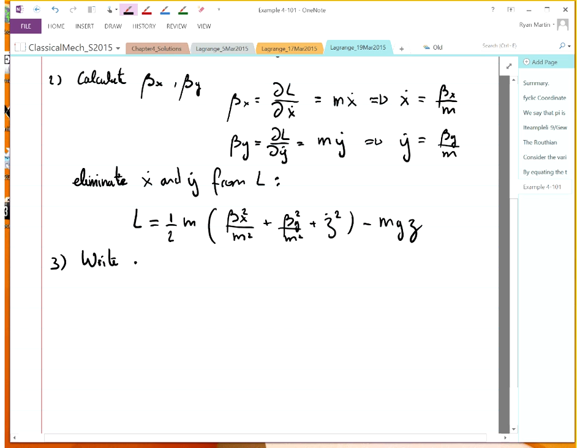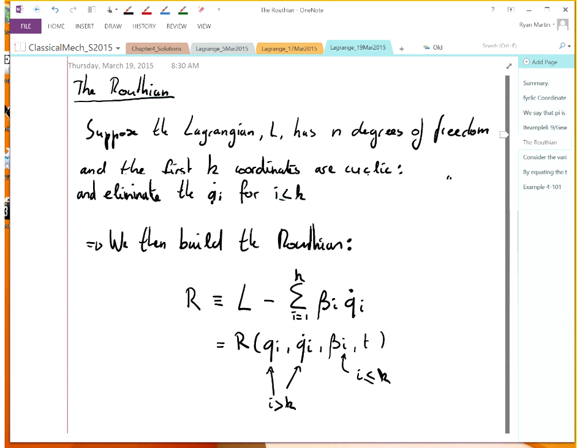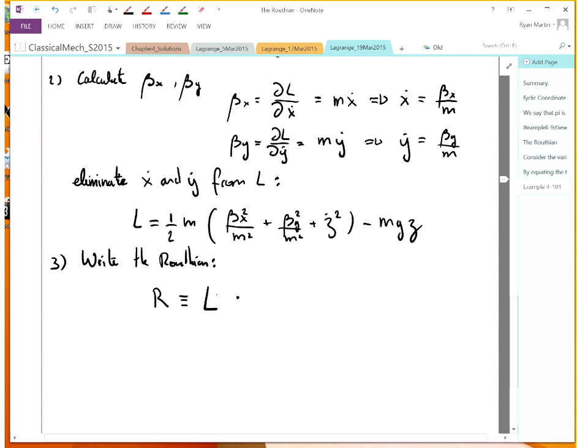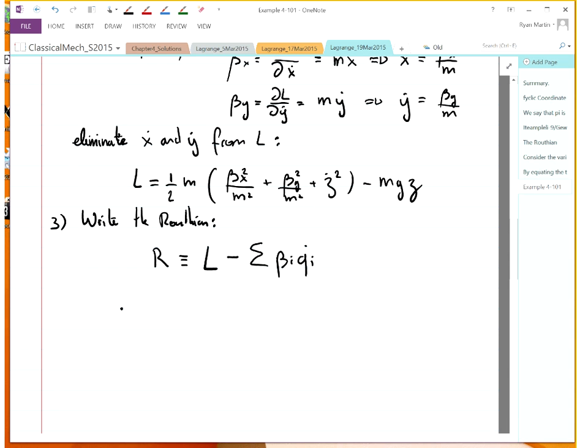Now we can write out the Routhian. What was the Routhian? The Routhian R is defined to be L minus the sum of beta i q i dot.